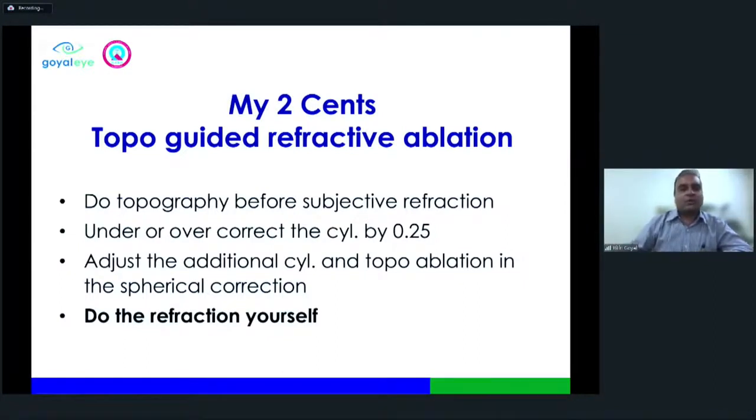And if it's going to treat it in the opposite axis, you can overcorrect. Adjust the additional cylinder and topo ablation in the spherical correction. If you don't want to deal with the cylinder, just change the whole thing into spherical and treat that. And my suggestion is do the refraction yourself.